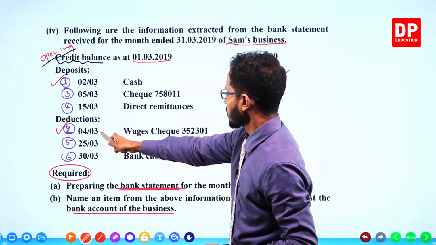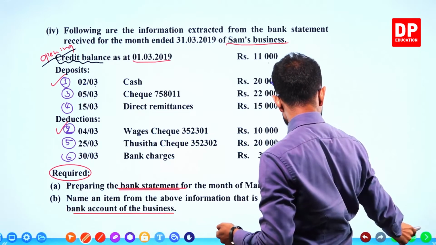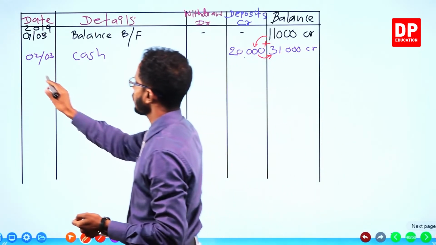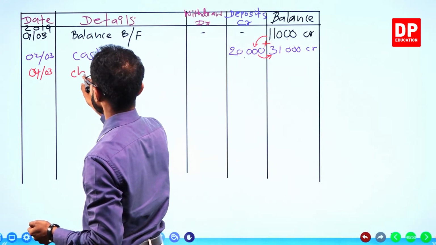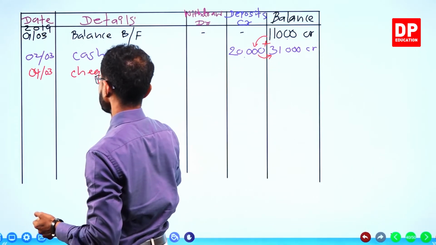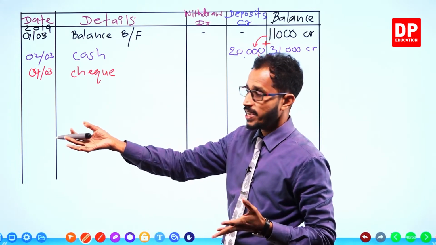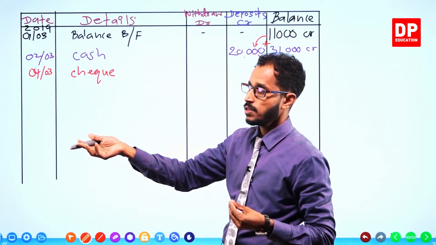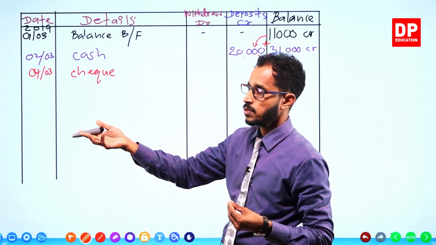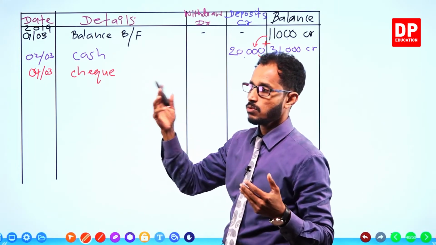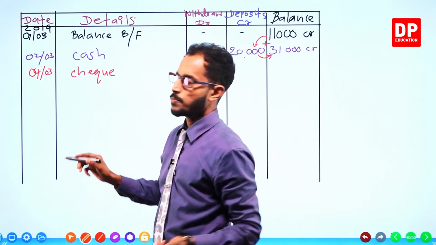It's a deduction. 4th March, wages check, 10,000. You don't write wages, because the bank doesn't know we have issued the check for wages or for an electricity bill, or whether the check is brought by a creditor. The bank doesn't know, so in the bank statement you don't have to mention that.